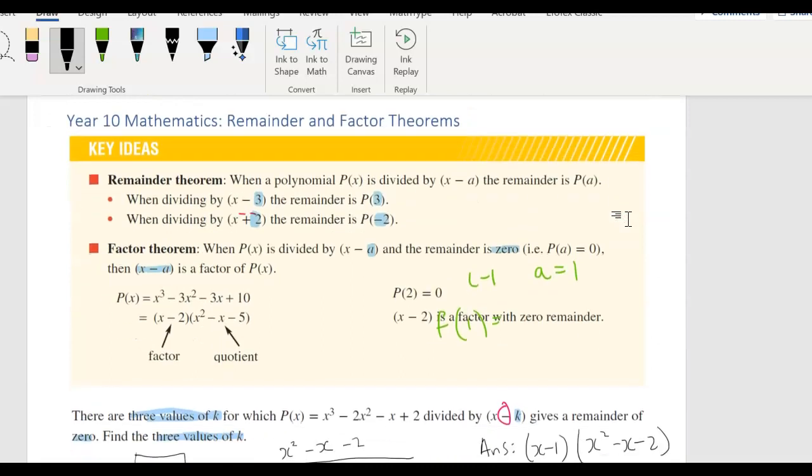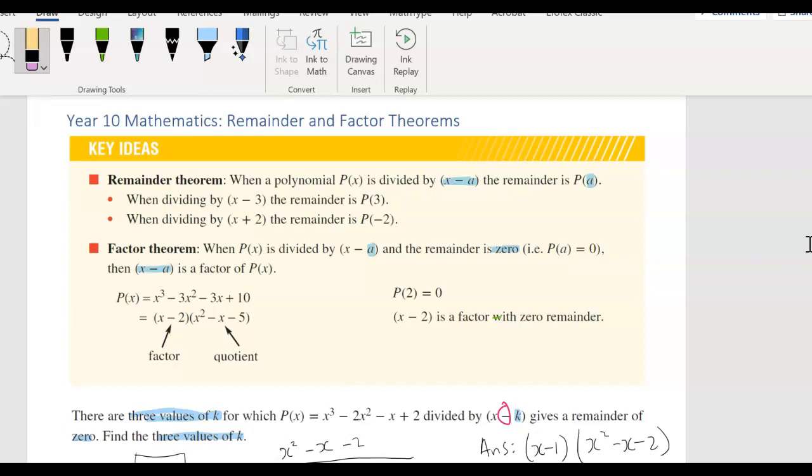the remainder theorem. All right, so the remainder theorem just means, let me delete what I've already highlighted. All right, so we're dividing a polynomial by x minus a, and your remainder is given by substituting a into your polynomial. All right, so that's the last thing we just did.